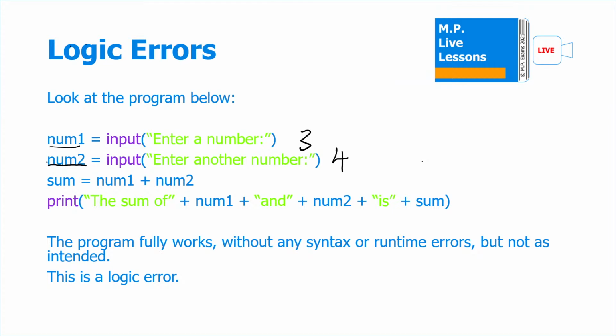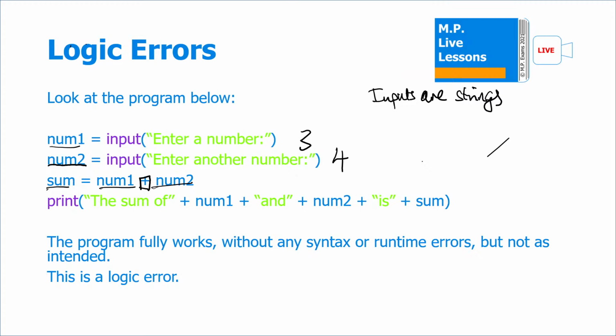And then these two are added together and stored in the variable sum. Now this is where the error is, because remember, inputs by default are strings. The plus symbol still, ironically, works with strings, because remember, it concatenates them together.